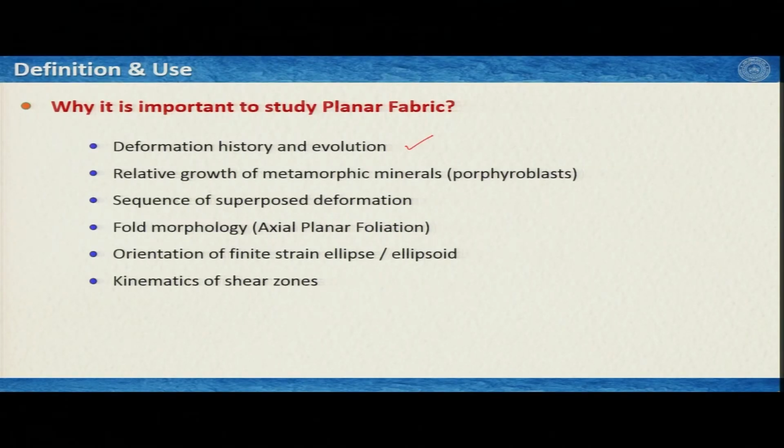We will learn more about it, particularly when we go with more structural details of different kinds of structures. But foliations reveal deformation history, particularly their relationships with the host rocks and other pre-existing foliations and so on. In a similar way, when metamorphism does happen, then new metamorphic minerals do grow, and at the same time foliations also do develop.